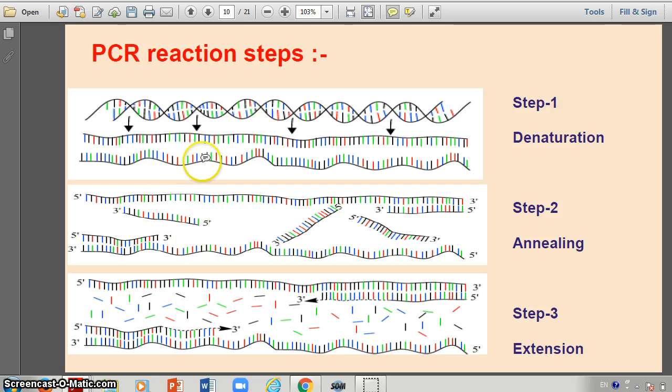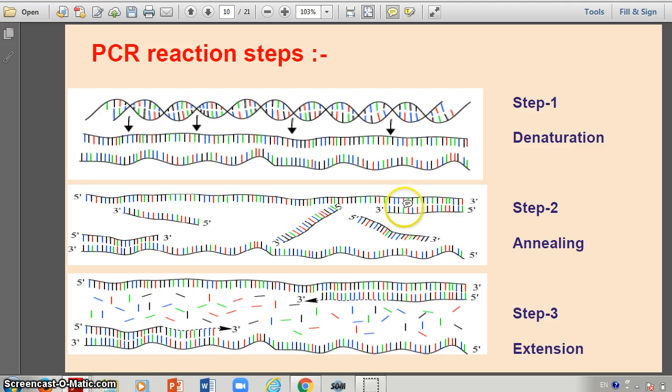You can see in this first diagram, this is a double helix of DNA. In the denaturation process, there is breaking down of this hydrogen bond, and you can see separation of DNA strands into single strands. Then the next step is annealing, where there is binding of the primer to the DNA.